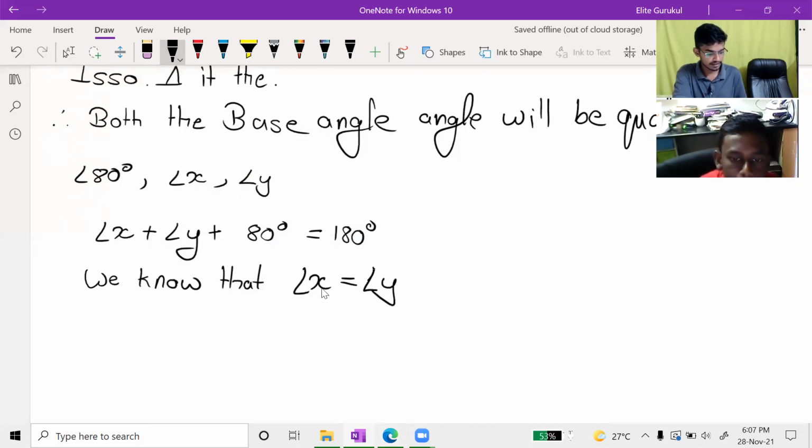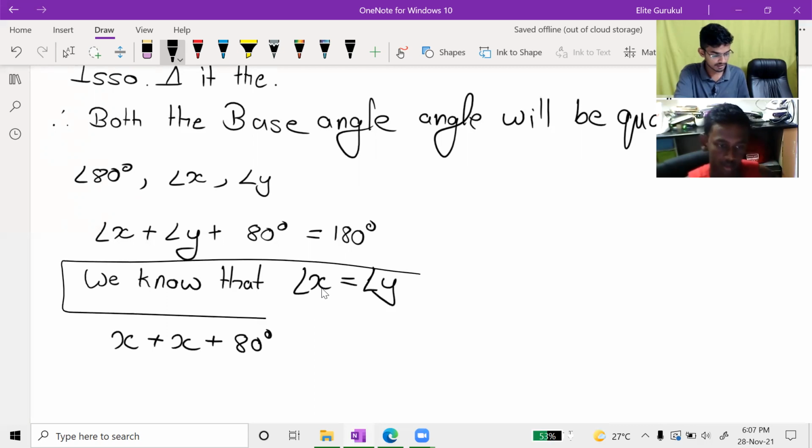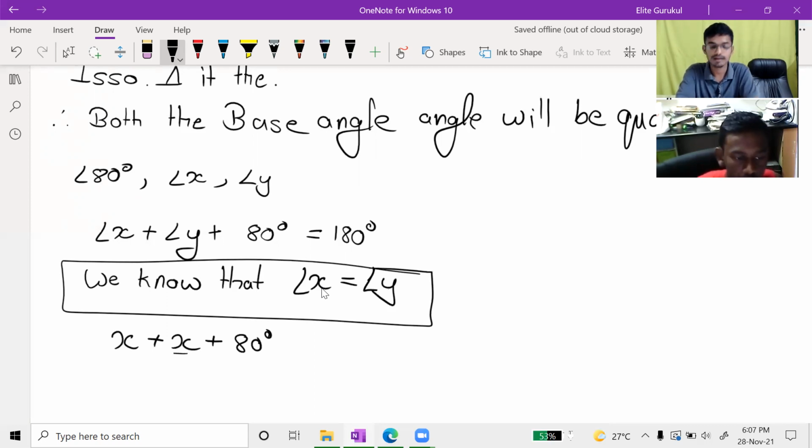So we can write X plus X. Can we write X plus X? Not X plus Y. That's why I wrote here: we proved that X is equal to Y. So in place of Y, I wrote X.